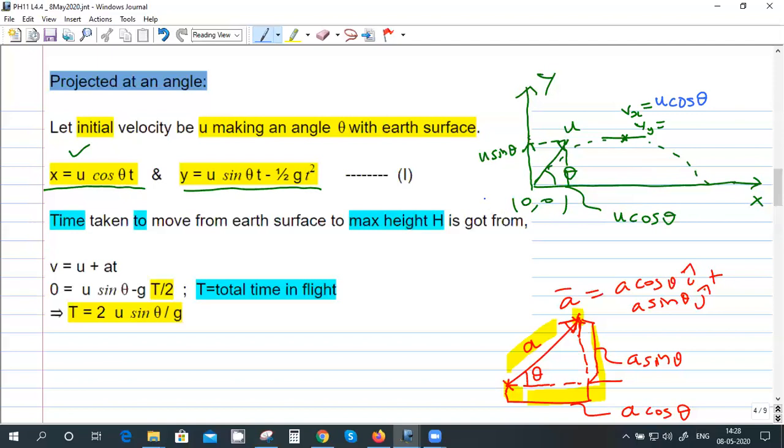This is the maximum point. Initially there is some value of vy. After that, will it increase or decrease when it moves up? When you throw a ball vertically up, its speed keeps on decreasing, increasing, or stays constant?